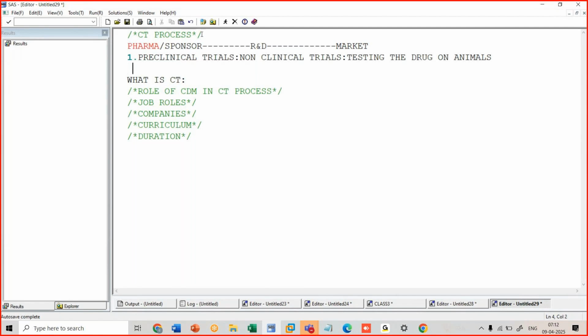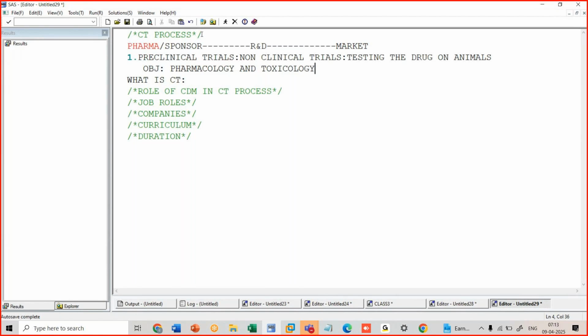So the main objective of the preclinical trial is pharmacology and toxicology. Pharmacology in terms of pharmacokinetics and pharmacodynamics.